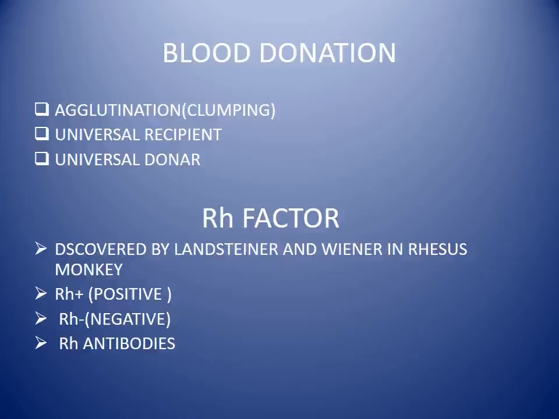A person with O blood group is called a universal donor. That means they can donate blood to a person with any blood group. That is called a universal donor.